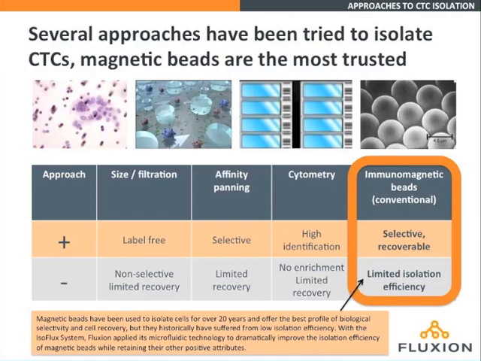All right, so as you know, there are a lot of approaches being developed to isolate circulating tumor cells from blood. There are size-based approaches, which have the advantage that they're label-free. However, this approach is non-selective, meaning you cannot distinguish different populations of cells based on specific markers. Affinity panning, meaning coating of surfaces with antibodies that preferentially bind tumor cells, has also been used.